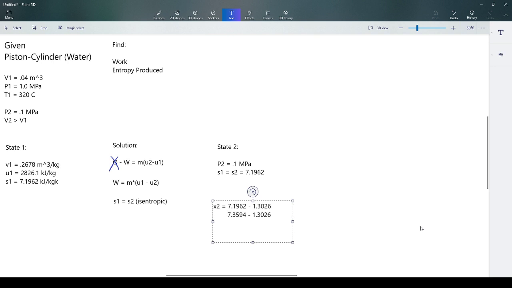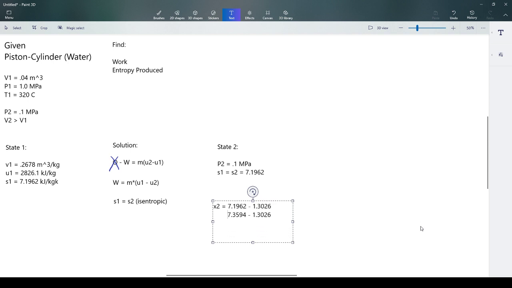Then I pull out my calculator that is not in the drawer that I want it to be in, and we do the things and the stuff. So we have 7.1962 minus 1.3026, and we divide by 7.3594 minus 1.3026.